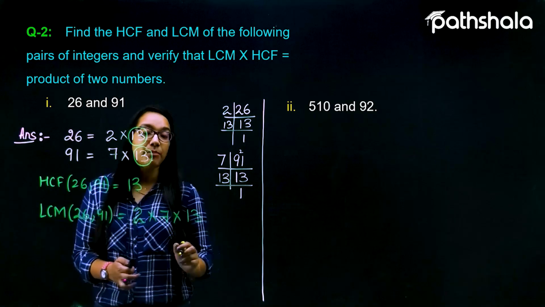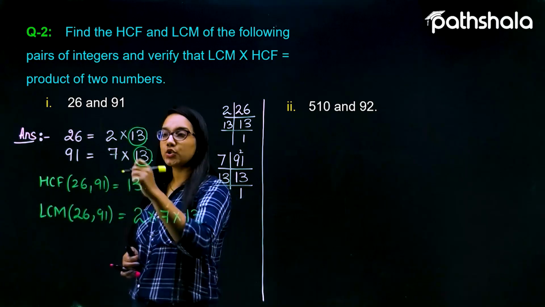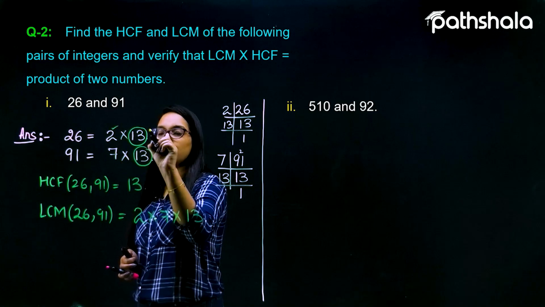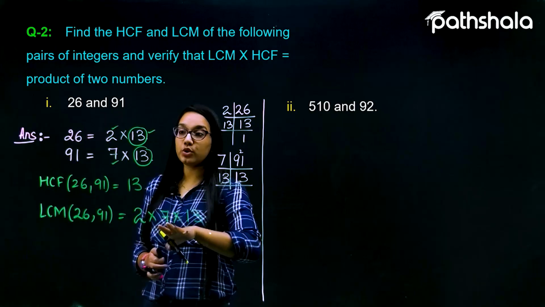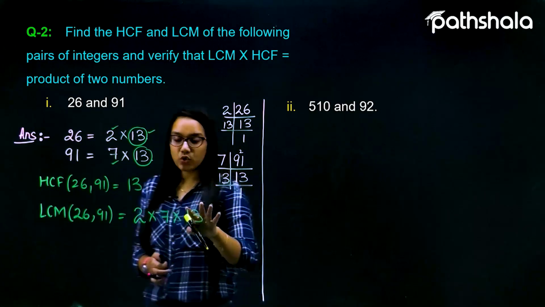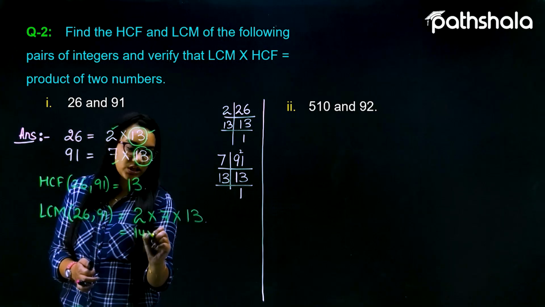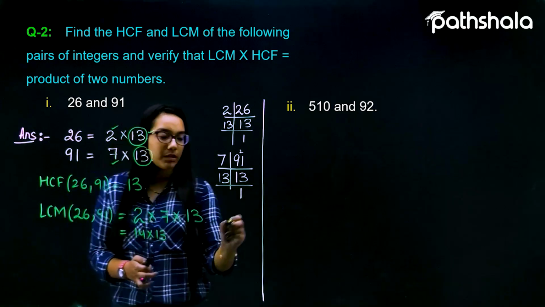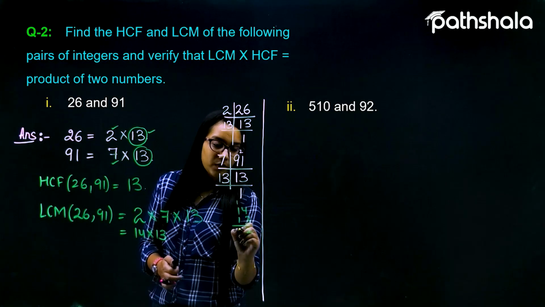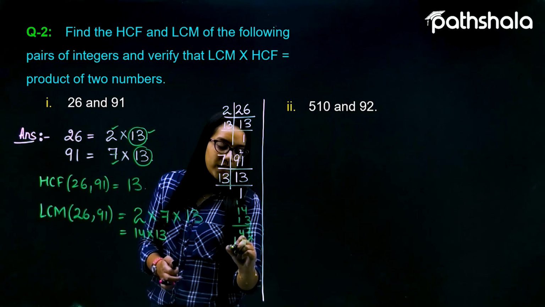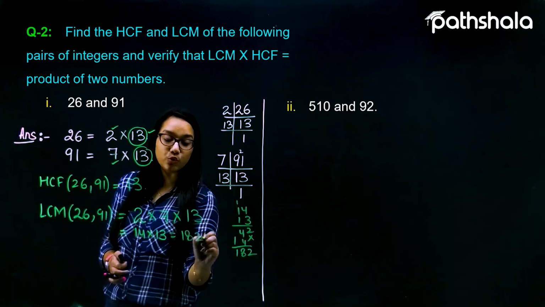So the LCM is 2 into 7 into 13. Multiplying these, it is 14 into 13, which is 182.